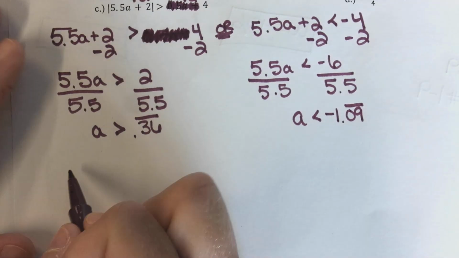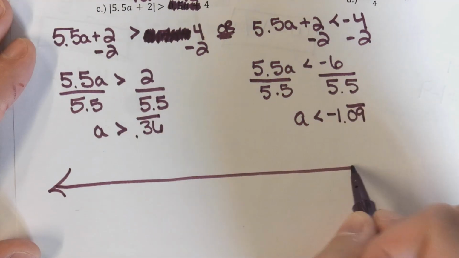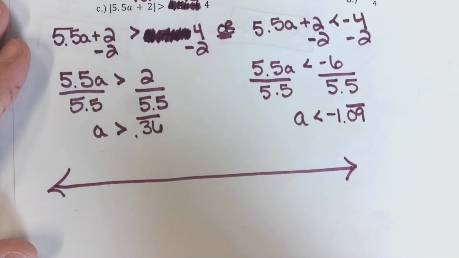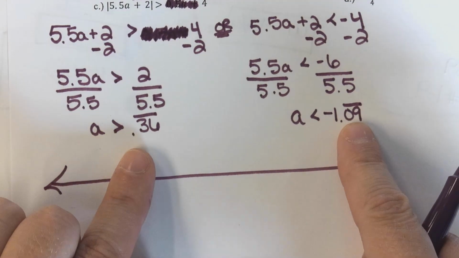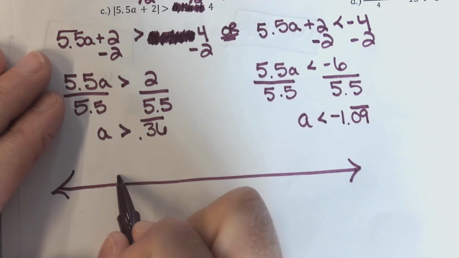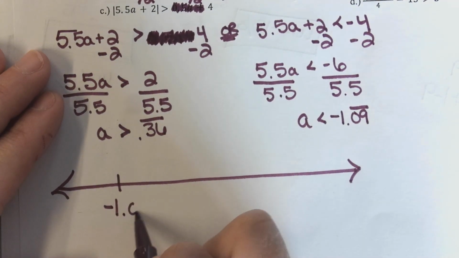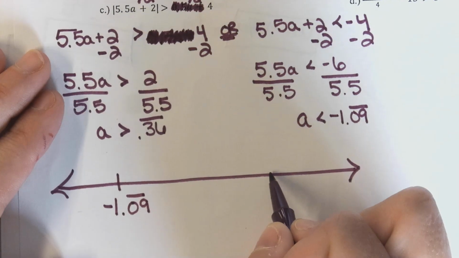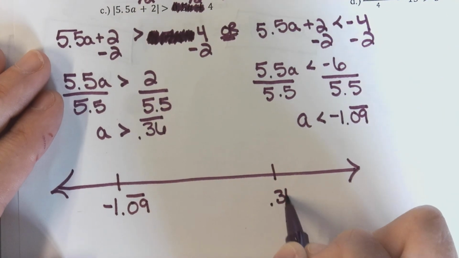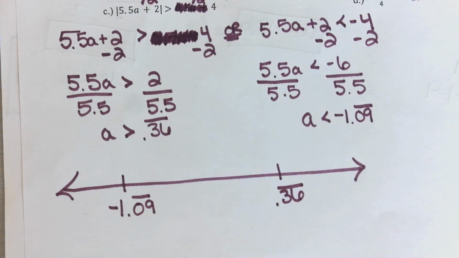Alright, so let's draw our number line. Again, I'm only going to make you put these numbers on your number line. So the negative one should go further to the left. This one should go over here. No, you don't need to write the numbers in between.